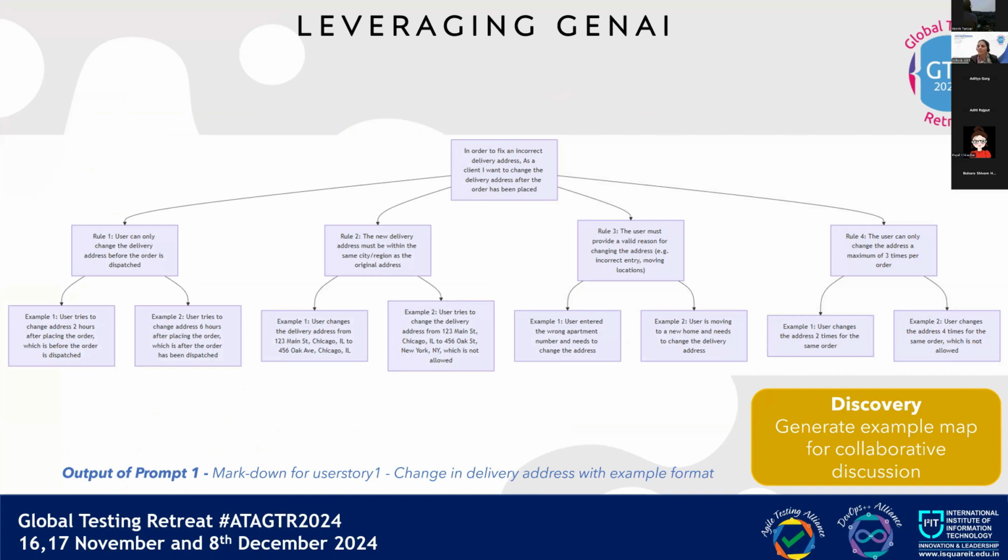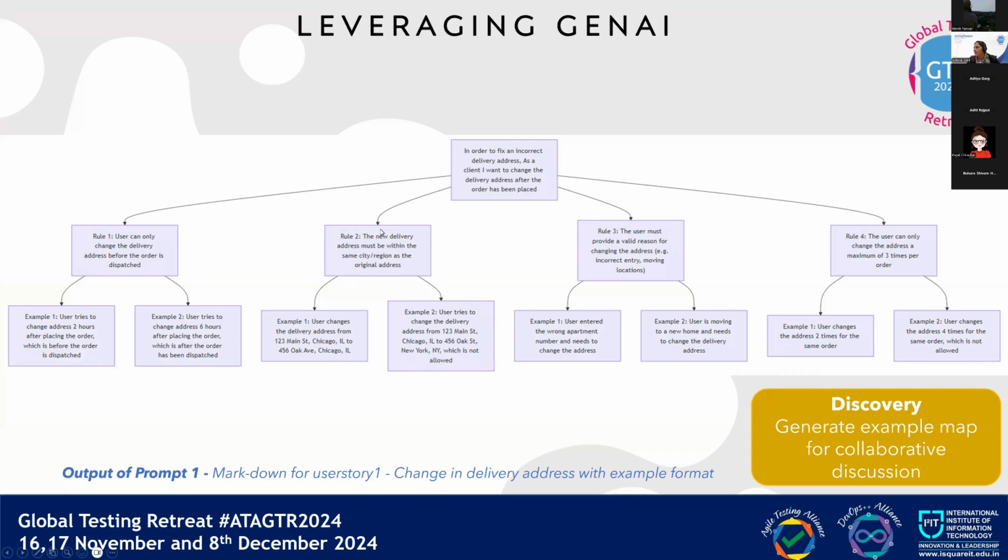And the first time, it actually gave me: user can only change the delivery address before the order is dispatched in the same city. See, it guessed that. So when we start brainstorming stories, rather than starting from scratch, you can validate against a number of things. That behavioral context gives you a head start for discussion.